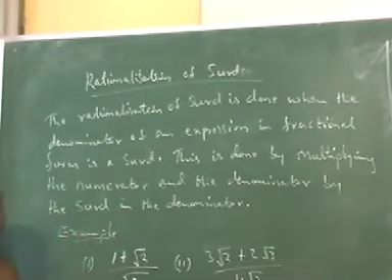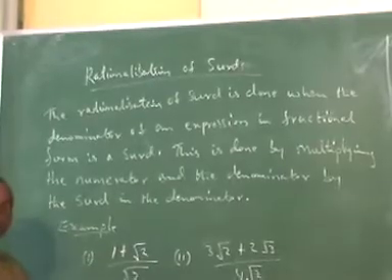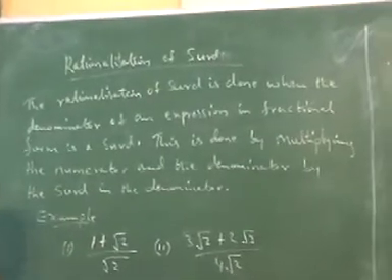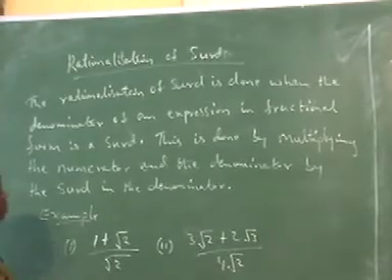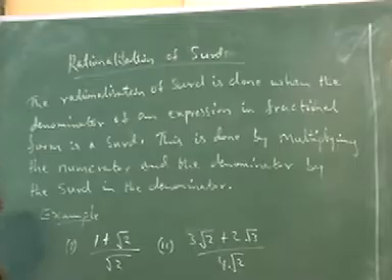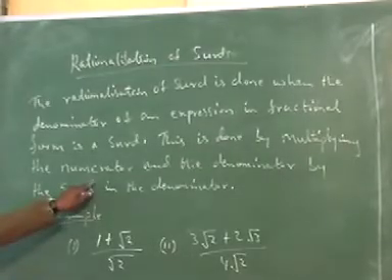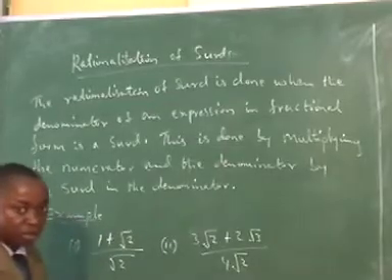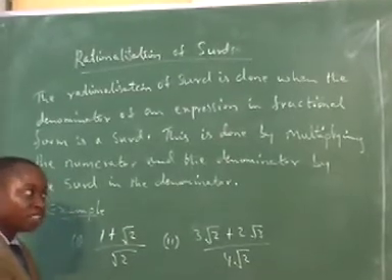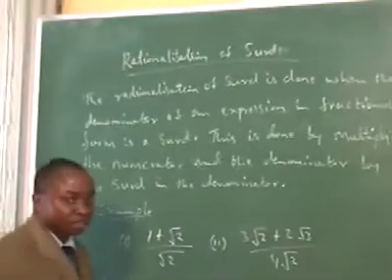So we do rationalization. This is done by multiplying the numerator and the denominator by the surd in the denominator. So if we do that, that is rationalization.